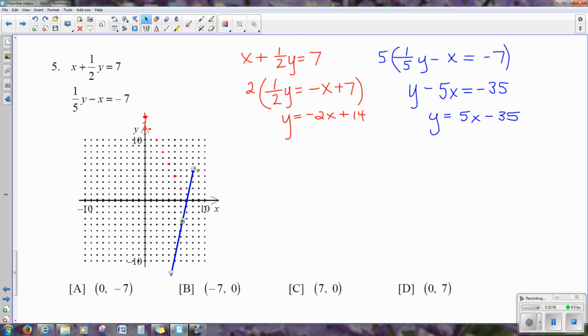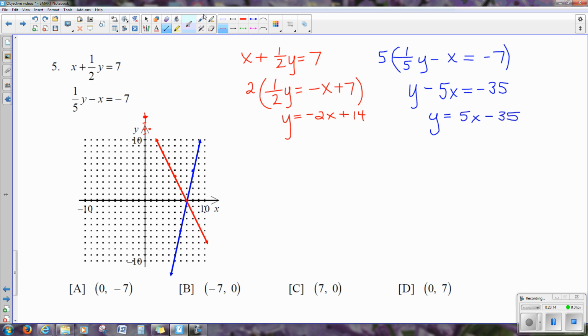Oops. All right, so there's my blue line, and I'm only going to use true actual points that I know, so not those ones that are up there.